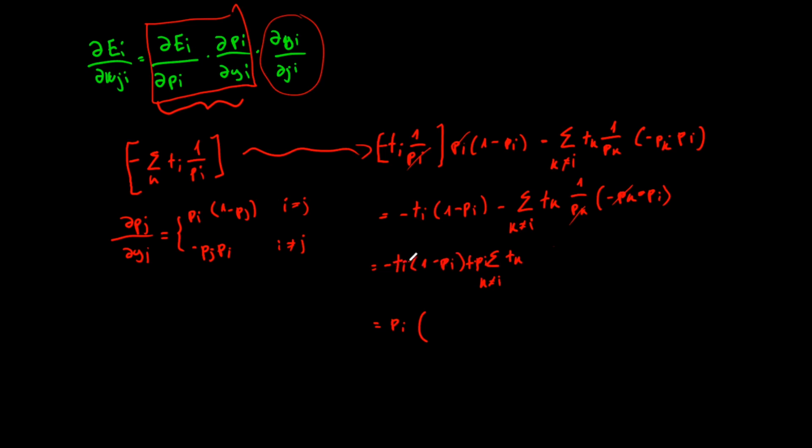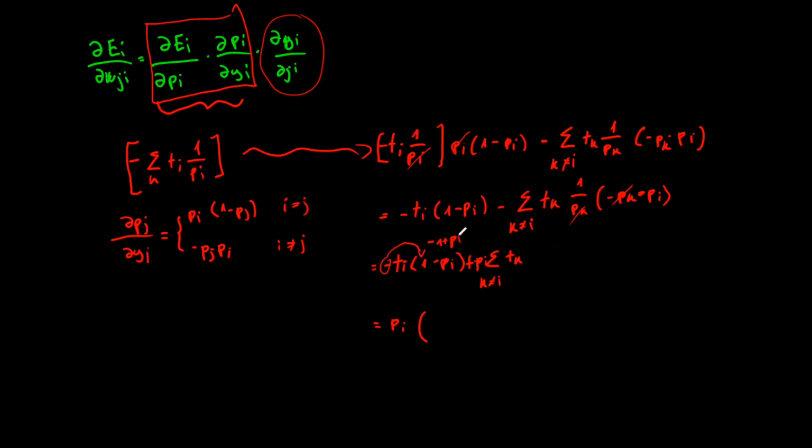this t_i multiplied by 1 is minus t_i. So basically what we do here first is this minus 1 we put inside, so we have minus 1 plus p_i.